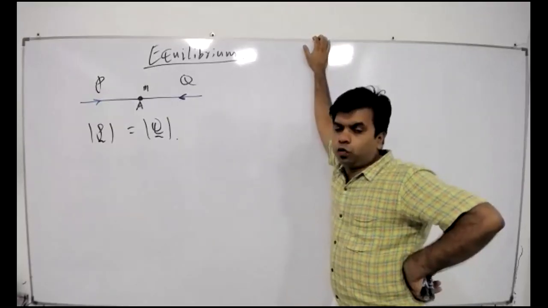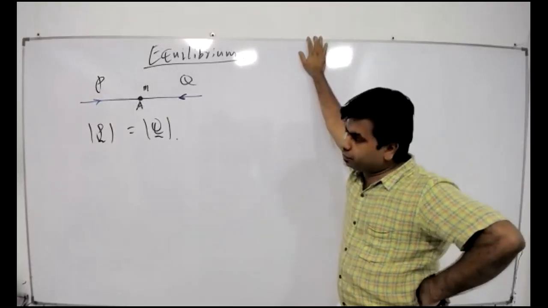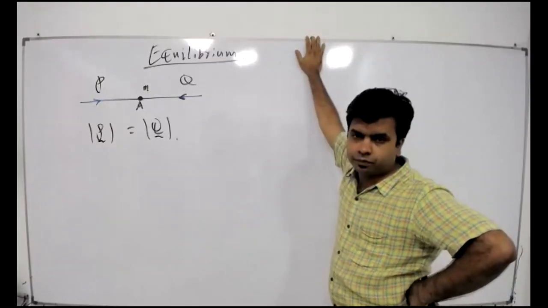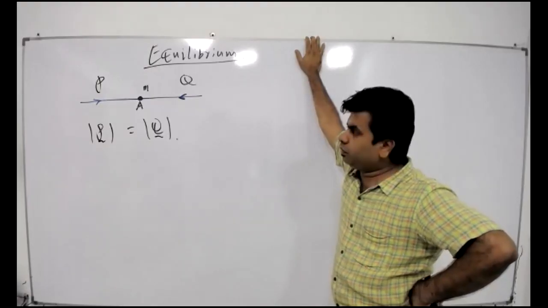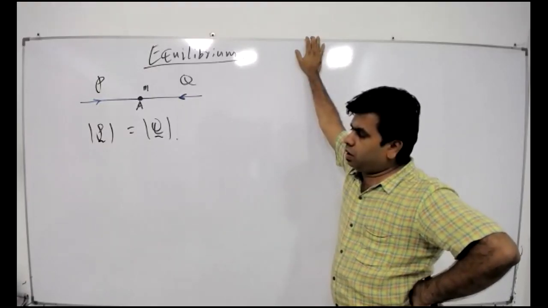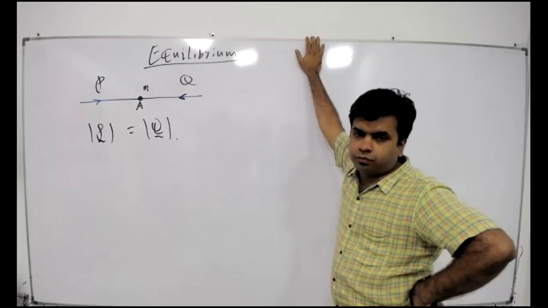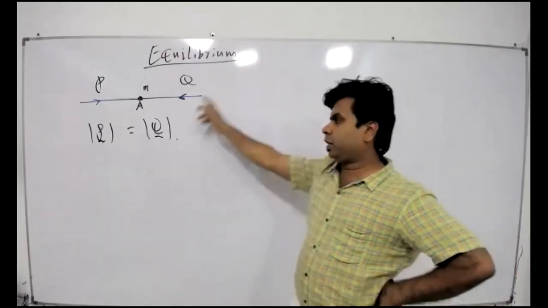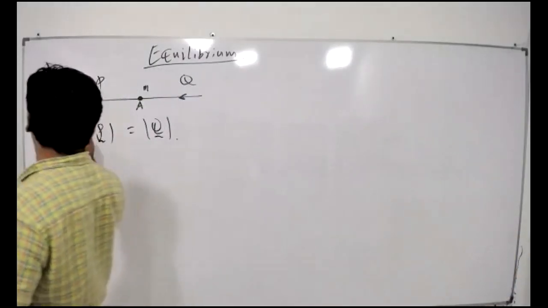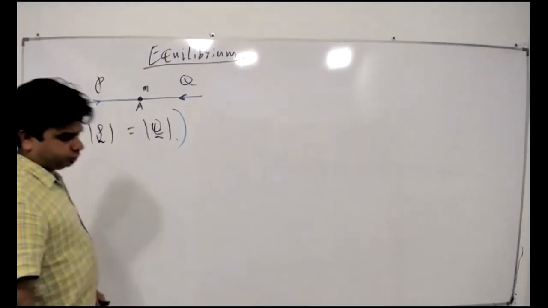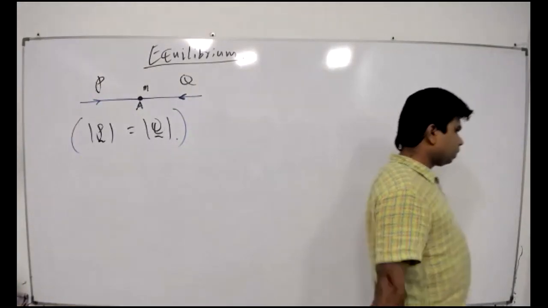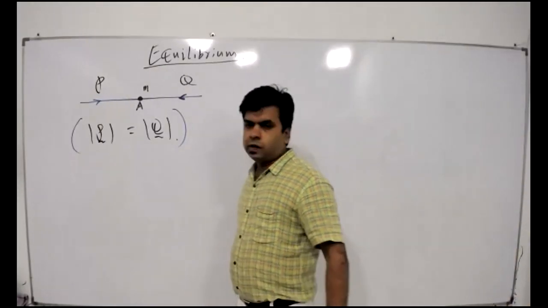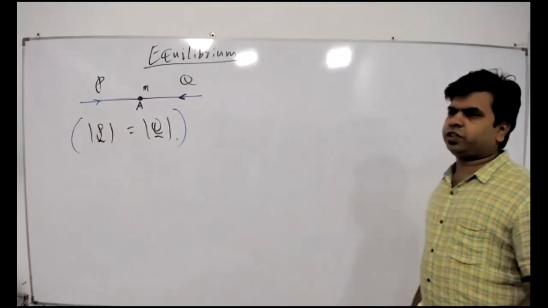the magnitudes of the two forces P and Q are the same. Actually, within brackets, please mark this part: magnitude of P equals magnitude of Q, and opposite in direction.